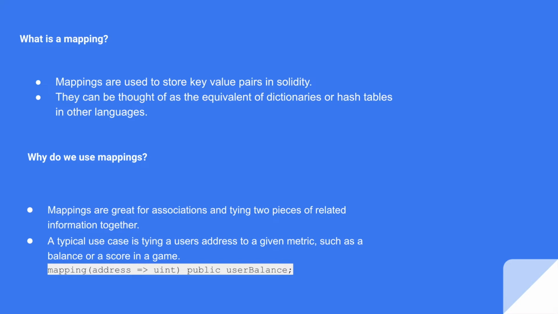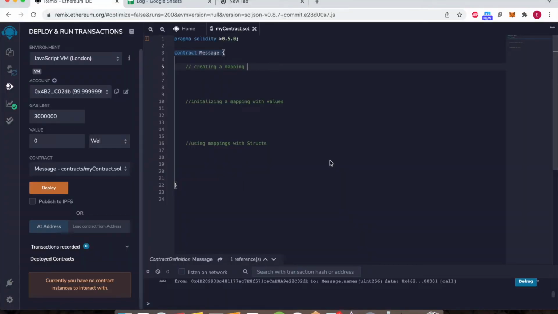Similarly, if we had a game, we could associate every single user's address with another uint which could represent their score. So they might be level 1, level 2, level 3. So without further ado, we're going to jump into the code, and that should help solidify exactly what is going on with mappings.